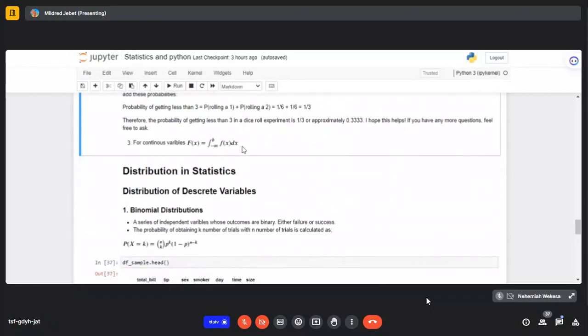Now for a continuous variable, we do an integration. Instead of doing the summation, we integrate from the lowest point to the point that we want.